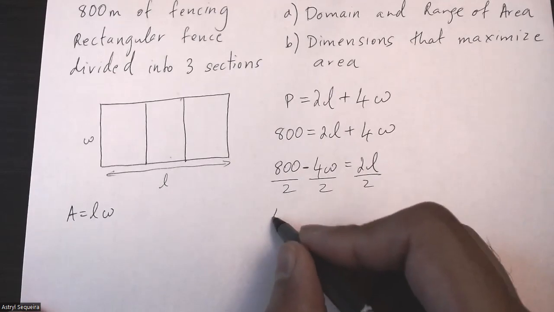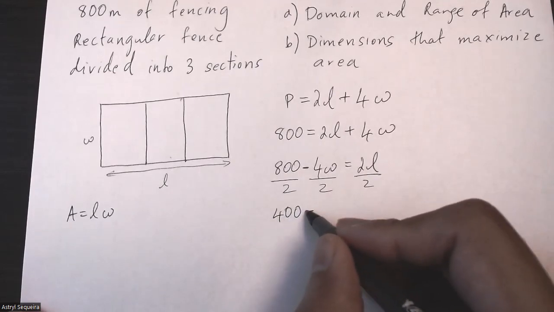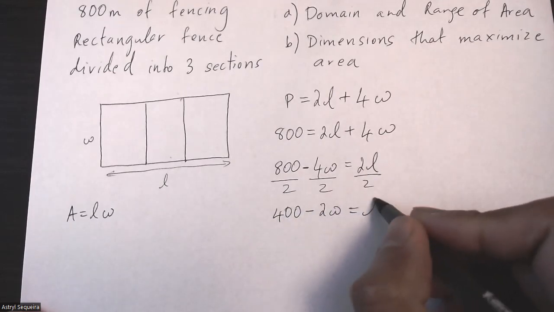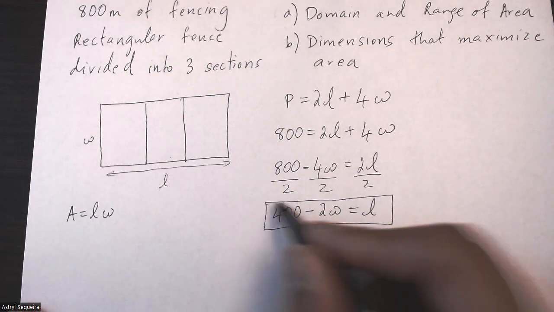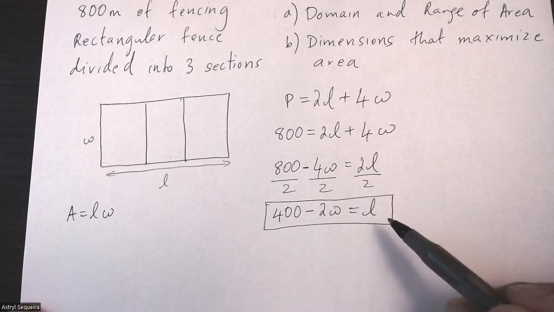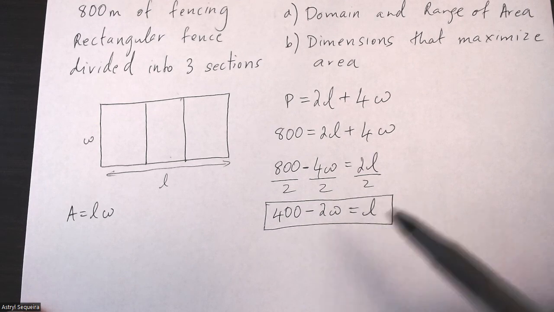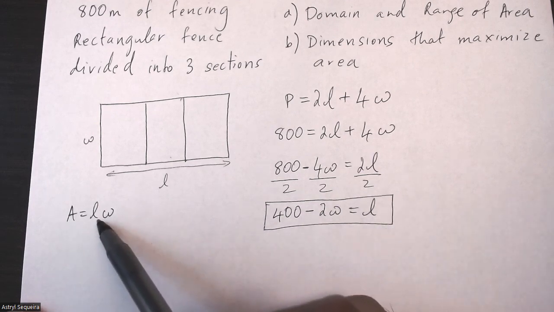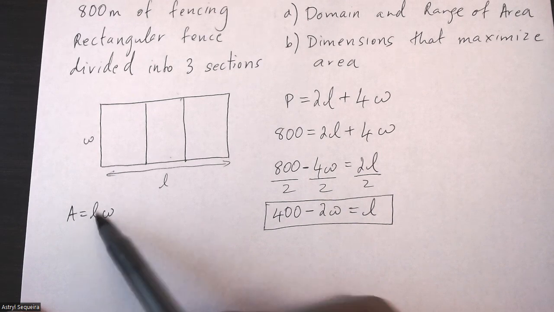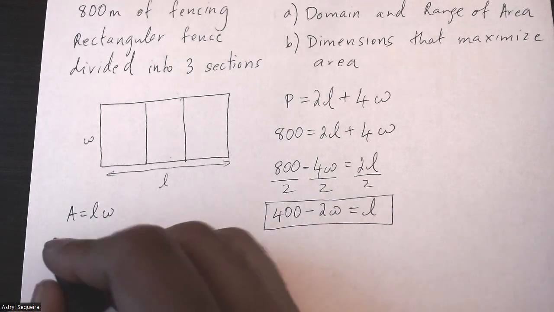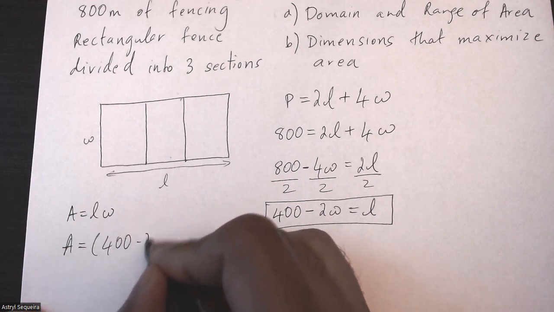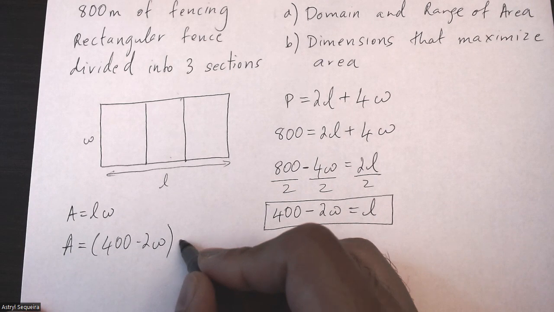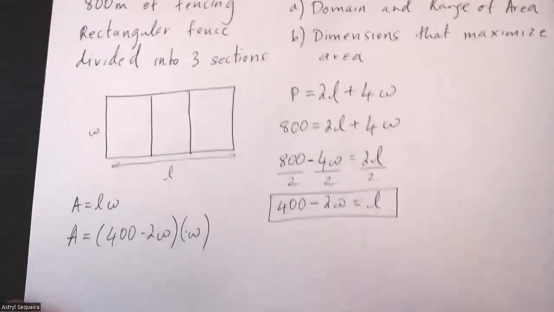So this is going to isolate my L. Just remember that the variable you are isolating in this formula is the variable you're going to get rid of in this question, because now we're going to replace the L with 400 minus 2W. So area equals 400 minus 2W times W.